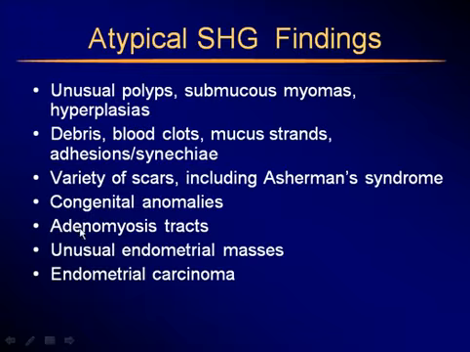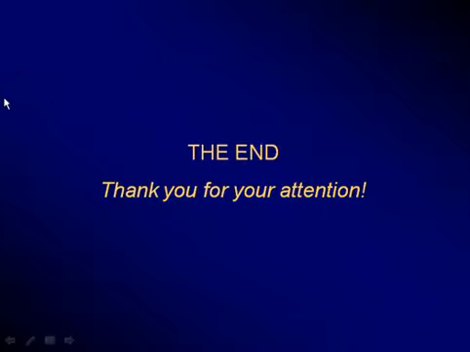We talked about these adenomyosis tracts that we're picking up, that we can fill with fluid, and we believe that we're filling them with some air bubbles. There are unusual endometrial masses that occasionally we can encounter. And at the very end, rarely you may encounter inadvertently an endometrial carcinoma. So I thank you for your attention.